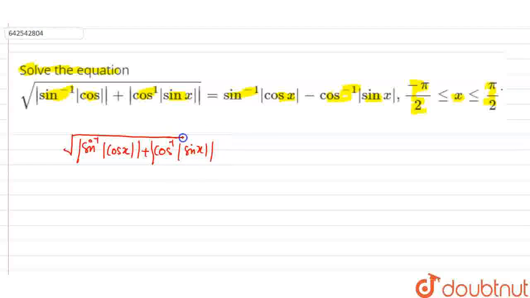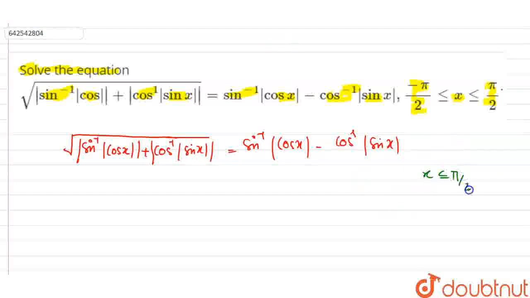So it is equal to sine inverse of mod cos x minus cos inverse of mod sine x, and it is given that our x is between minus pi by 2 and pi by 2, right? So guys, we have to solve this thing, right?